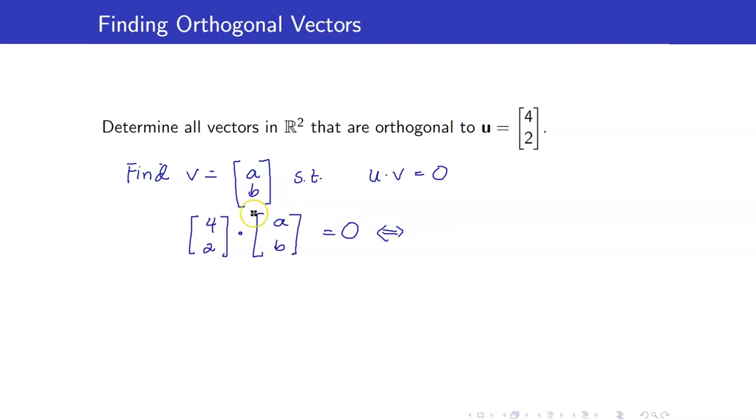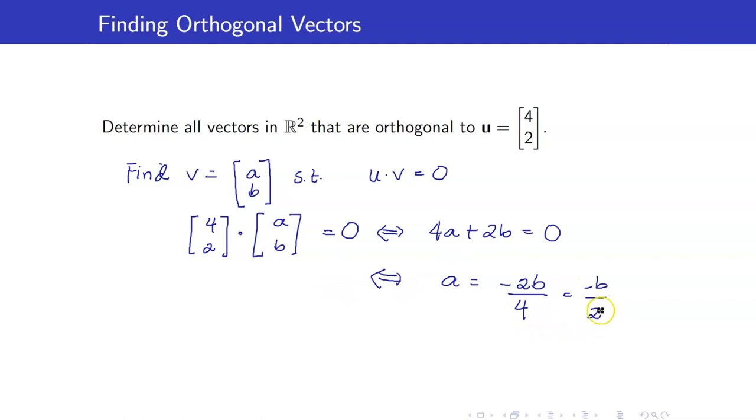This means that 4a plus 2b is equal to 0, which means that a is equal to negative 2b over 4, or negative b over 2.